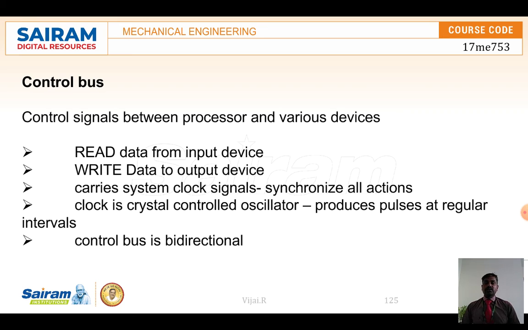The control bus will help to carry the control signals between the processor and the various devices. Either read or write, the control bus is a bidirectional one. So these are the buses we have seen.